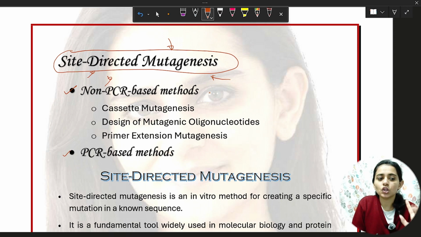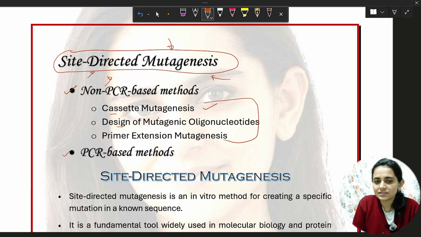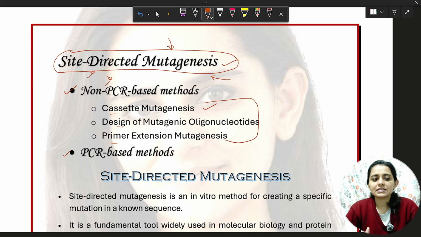And in non-PCR based method we learn about these three topics: cassette mutagenesis, design of mutagenesis, and primer extension mutagenesis. Okay, first we will see what site-directed mutagenesis is.